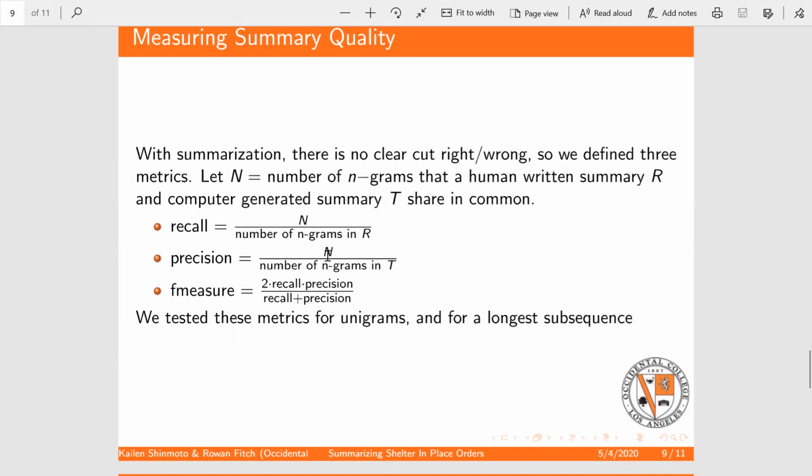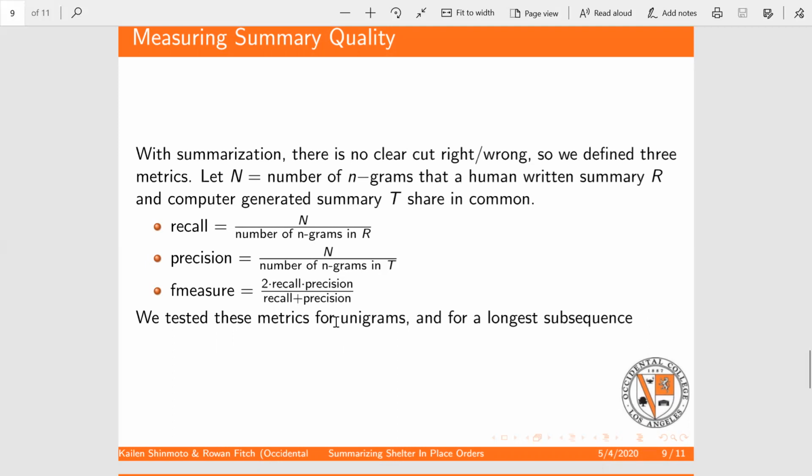Precision is the total number of common n-grams divided by all the n-grams in T, the computer summary. And the F measure is 2 times recall times precision divided by recall plus precision.